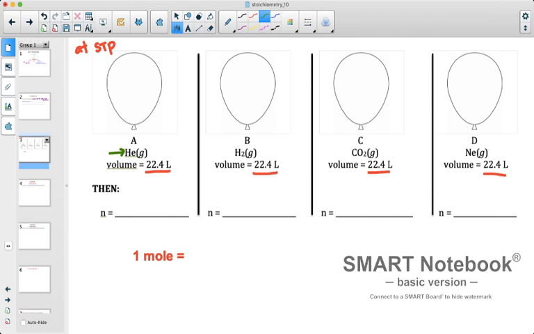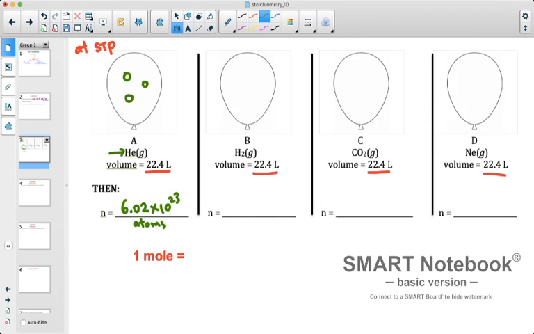And if we could see inside the balloon and look at the particles, we could see that they exist there. And what Avogadro determined was that the number of particles ended up being 6.02 times 10 to the 23. And in this case, the units are going to be atoms.